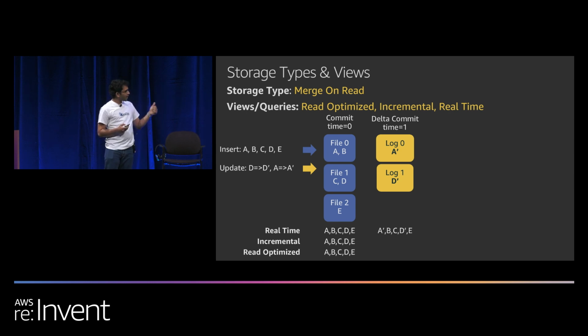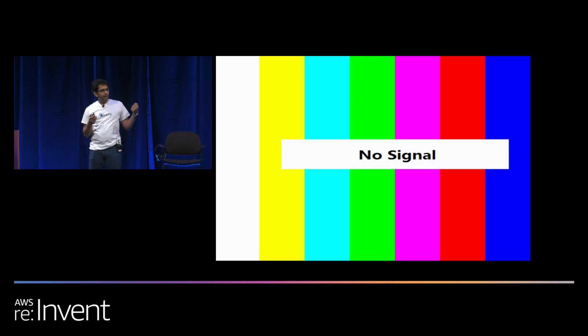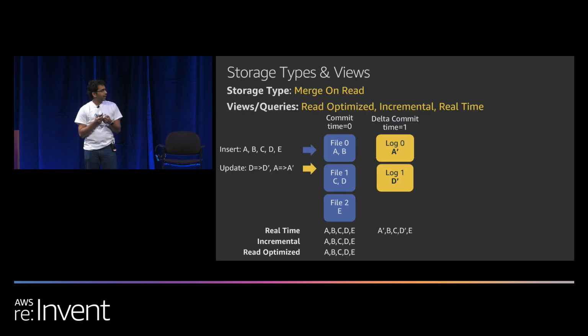Now, when you query this data set using the real-time view, we merge the log with its corresponding file on the fly during query side, and then give you the latest value as of delta commit time 1.